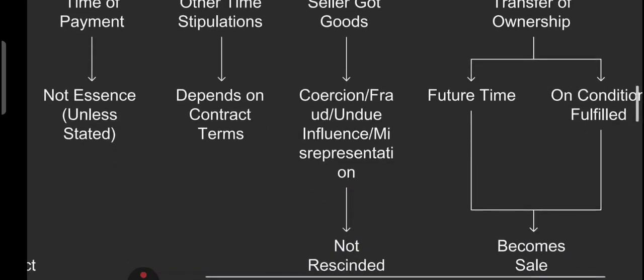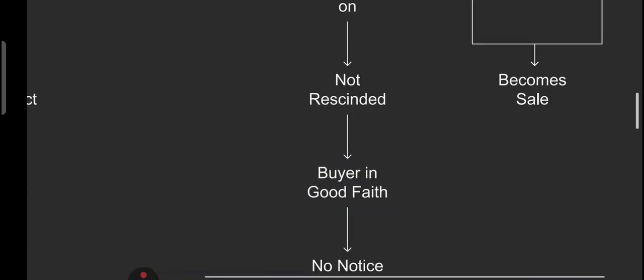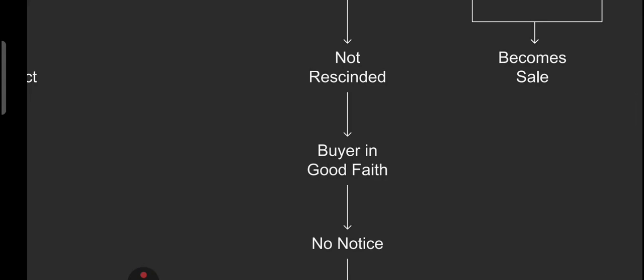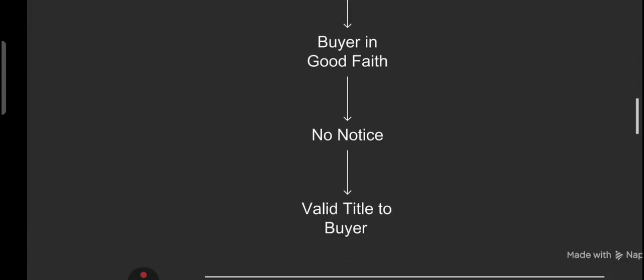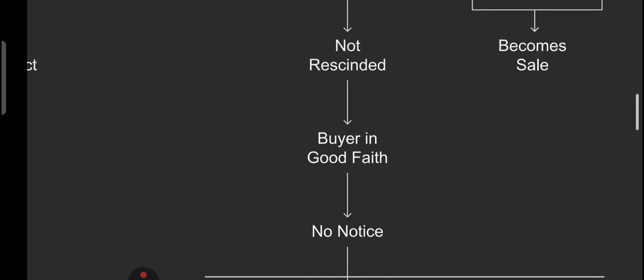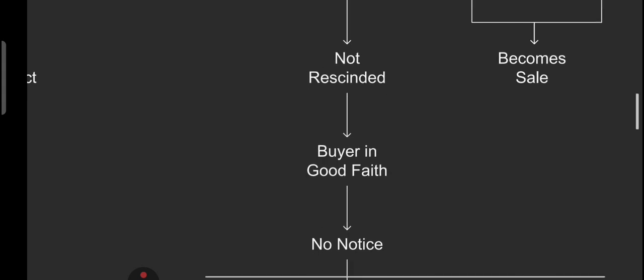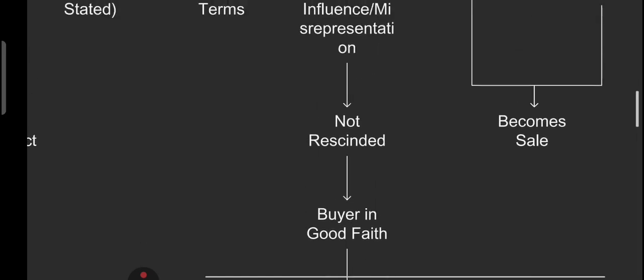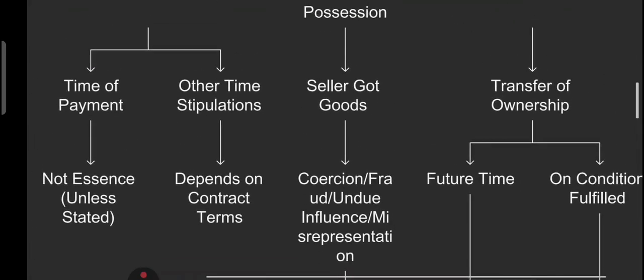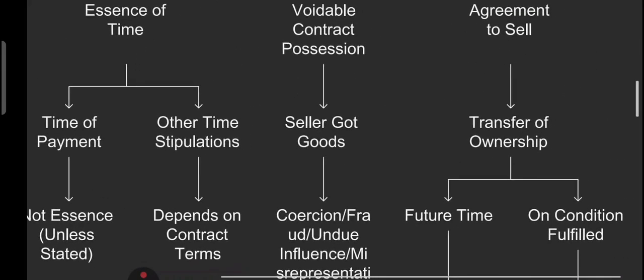But if the buyer did not know about the issue and bought in good faith, then the buyer gets a valid title to the goods. Very important aspect, right? So that is called voidable contract possession.